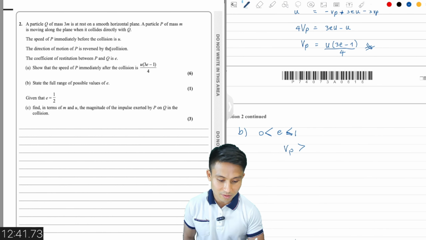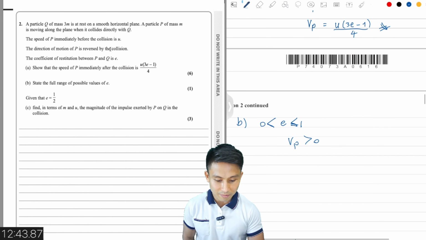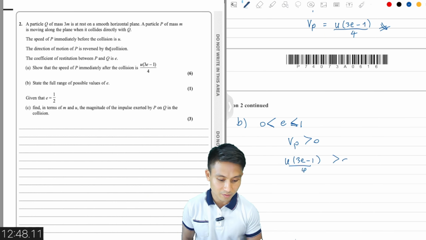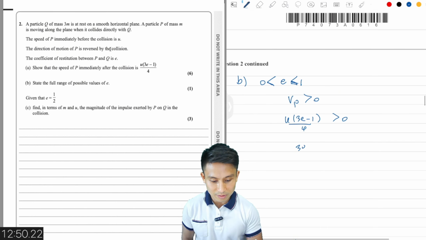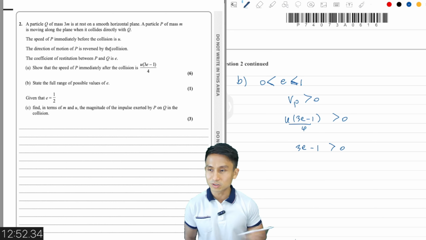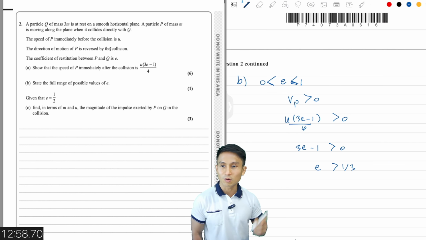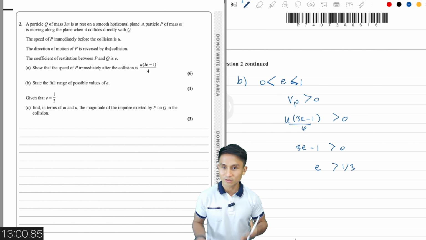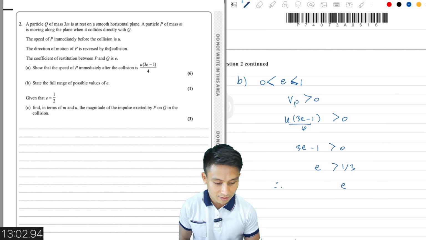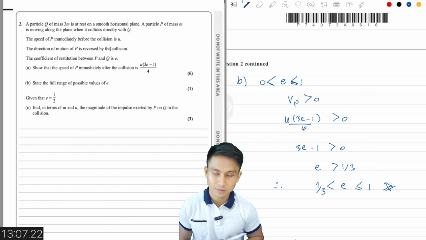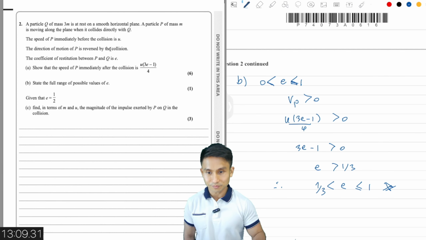So vp greater than 0, that means u(3e minus 1) over 4 greater than 0 as well. So 3e minus 1 greater than 0, because we can just cancel 4 and u. So e greater than 1/3. So the range would be e less than or equal to 1, but greater than 1/3.